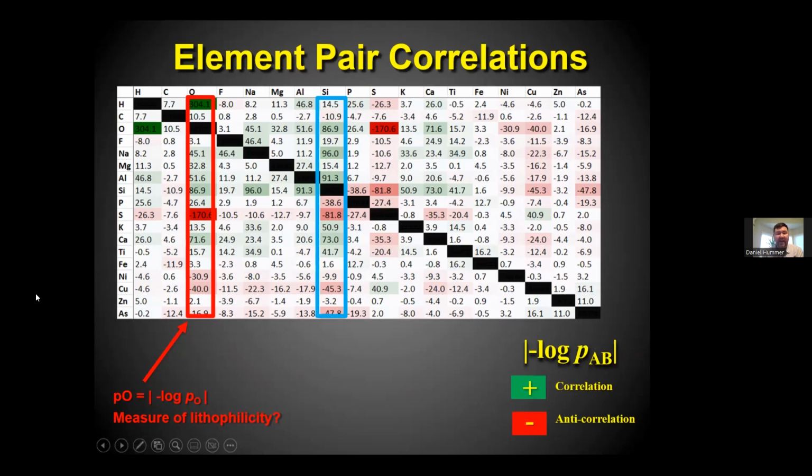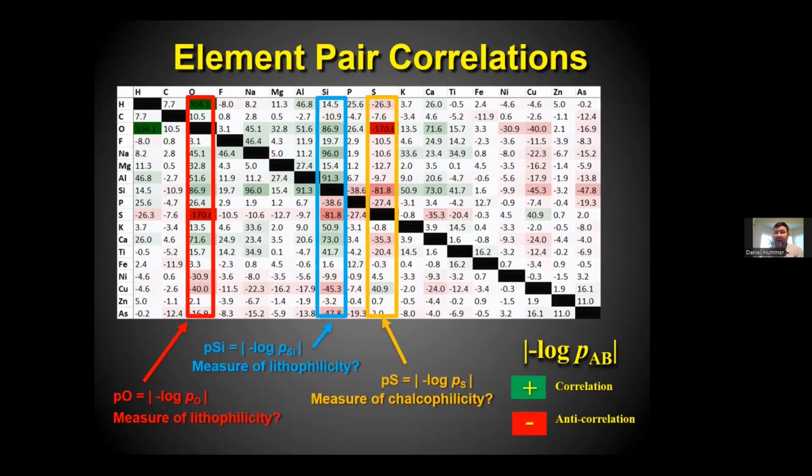Whereas if you look at the silicon or the sulfur columns, once again, we have quantitative measures. Silicon could also be a measure of lithophilicity. And then the correlation with sulfur could be a measure of the so-called chalcophilicity. How strong is the chalcophile behavior of that particular element? And could we potentially use that to find new avenues and new reservoirs of that particular element?